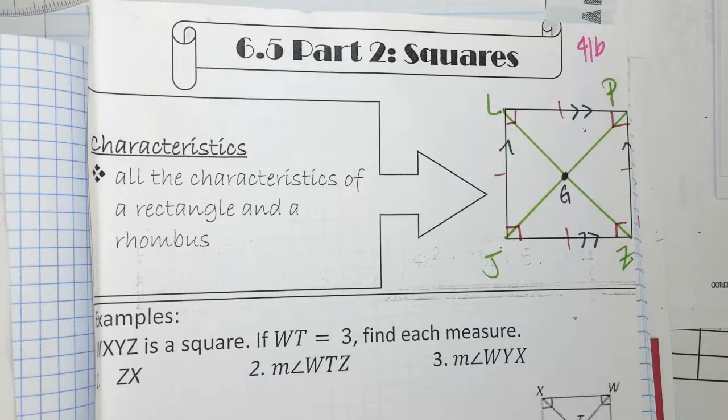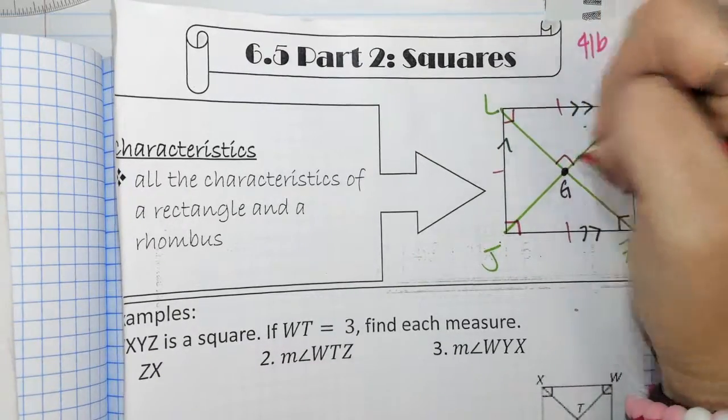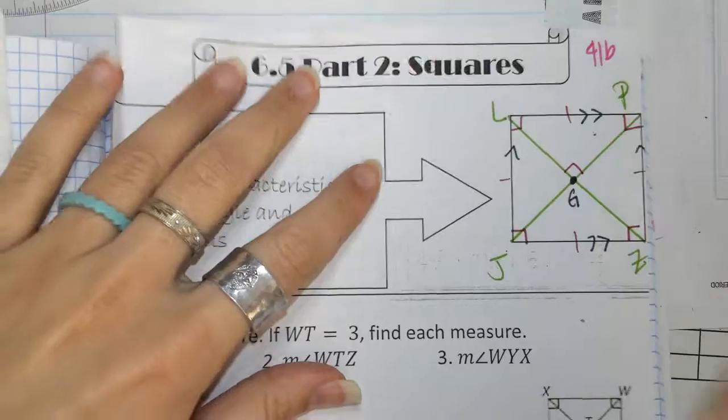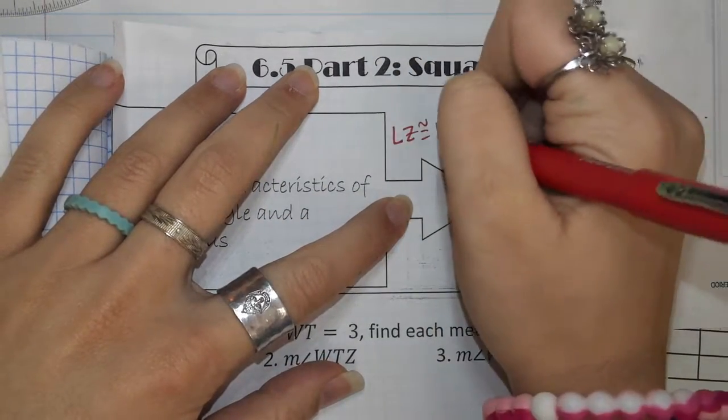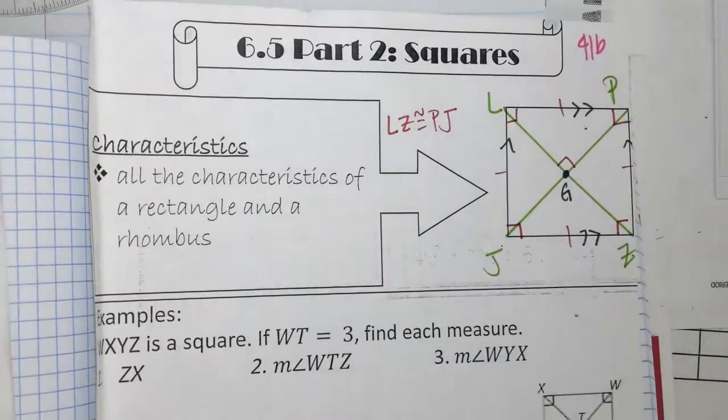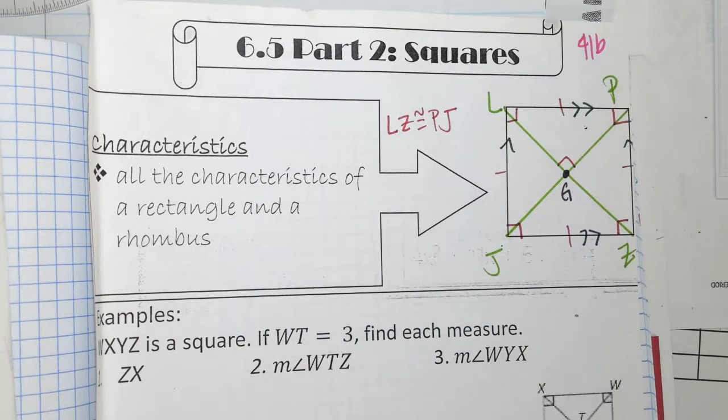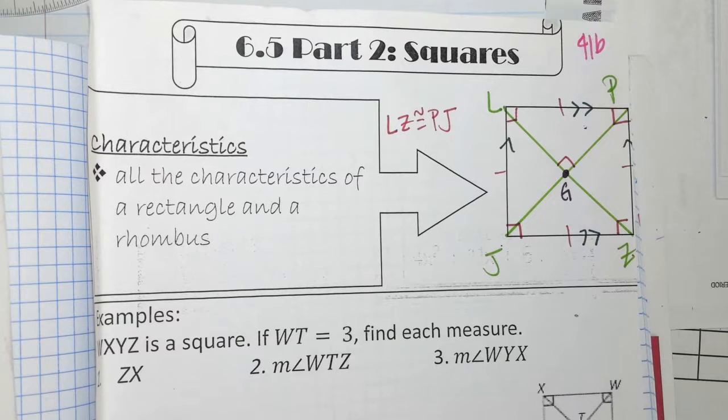Alright, so what does that mean about our diagonals? They intersect at a what? A 90-degree angle. And Drake, what were you going to say? They're congruent. So LZ would be congruent to what? JP.